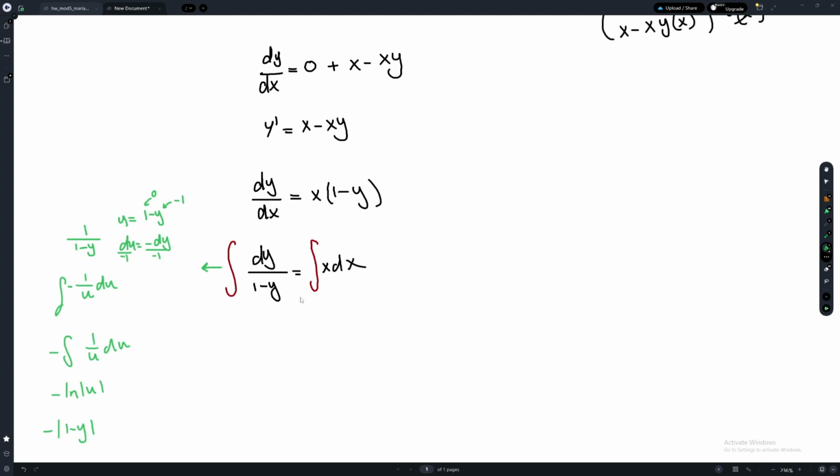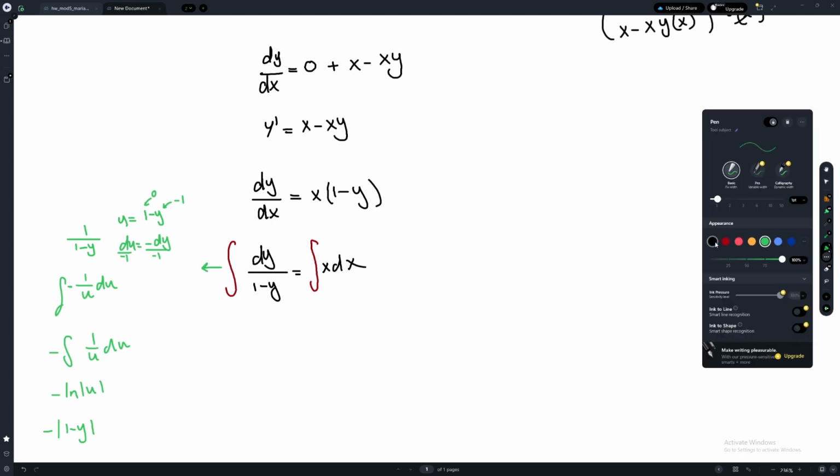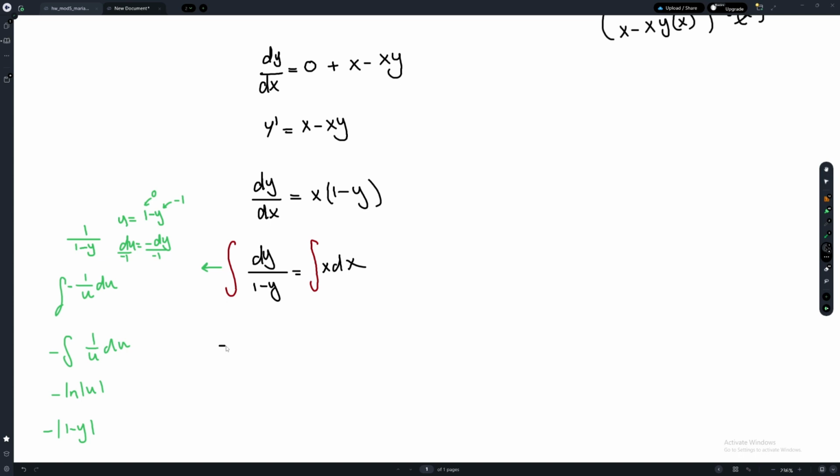Okay, so that's the integral of this side. Now, let's rewrite this. This will be negative ln of 1 minus y, and then the integral of my x will be 1 over 2 x squared.